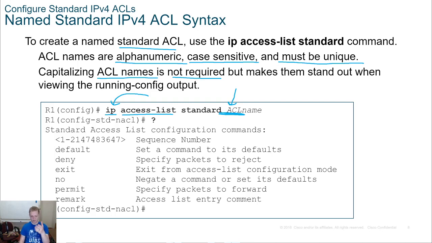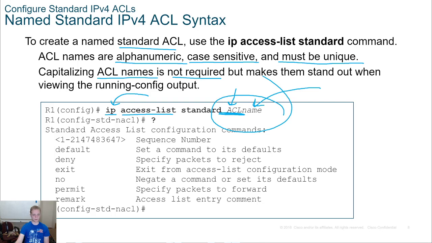Now, that usually makes it really easy to stick out in a configuration, and really easy to differentiate from the rest of the world. When we're looking at a lot of data, we can see, oh, hey, this is all caps, so it's an ACL, or it's all caps, it's something that I made up. It's usually what I say when I see that. Oh, that's something that I made up.